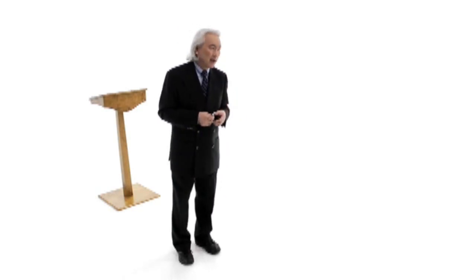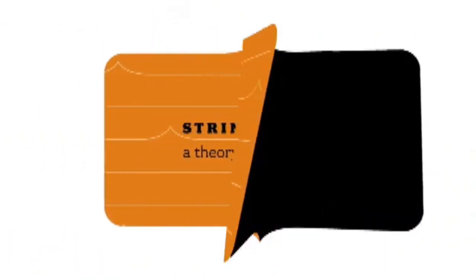String theory says there should be other bubbles out there in a multiverse of bubbles. When two universes collide, it can form another universe. When a universe splits in half, it can create two universes, and that, we think, is the Big Bang. The Big Bang is caused either by the collision of universes or by the fissioning of universes.